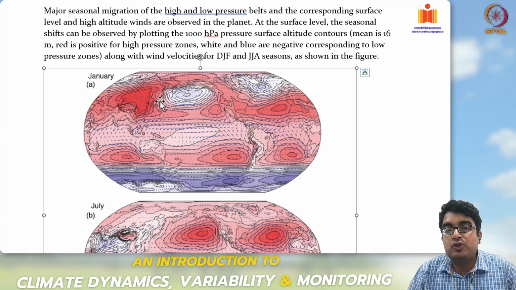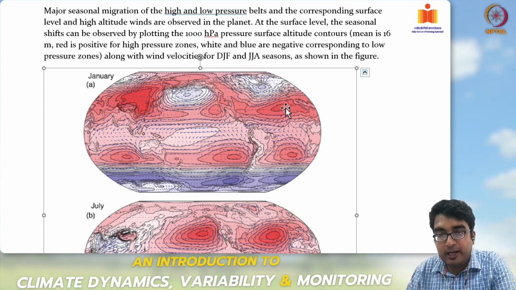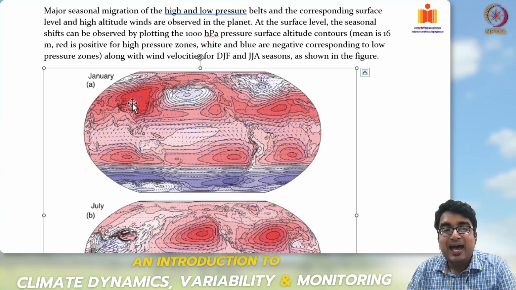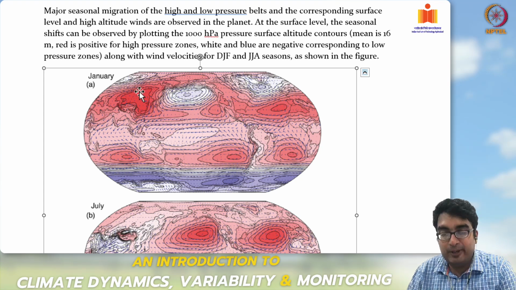Because the subtropical high pressure belt has become stronger and broader, the subpolar low pressure belt becomes discontinuous. This is the subpolar low pressure belt over the Pacific Ocean, the subpolar low pressure belt over the North Atlantic and Greenland, and the subpolar low pressure belt over the Southern Pacific, Southern Atlantic and Siberia. These have become discontinuous because the extremely strong subtropical high pressure belt in the winter hemisphere has broken the subpolar low into different segments.